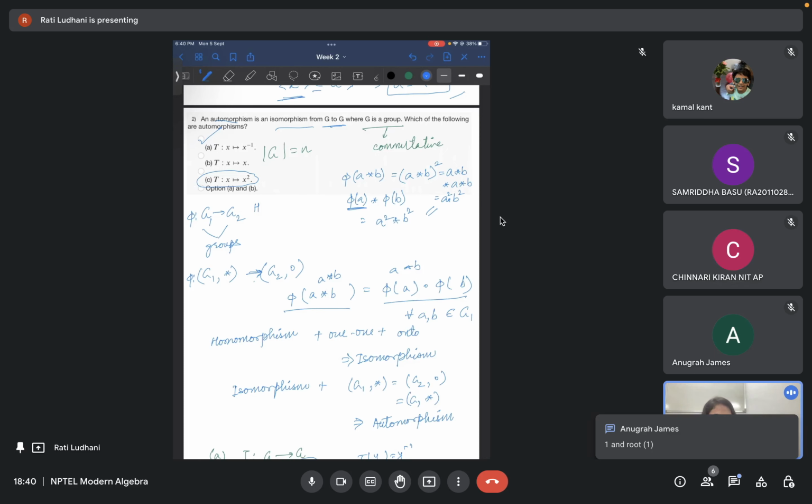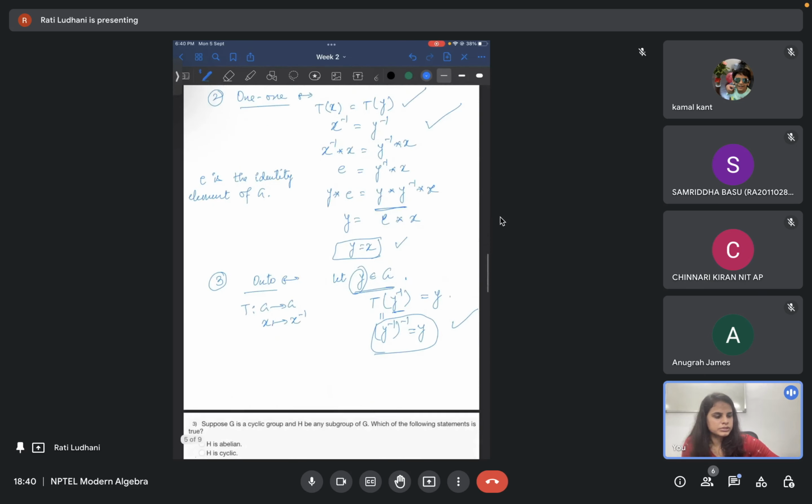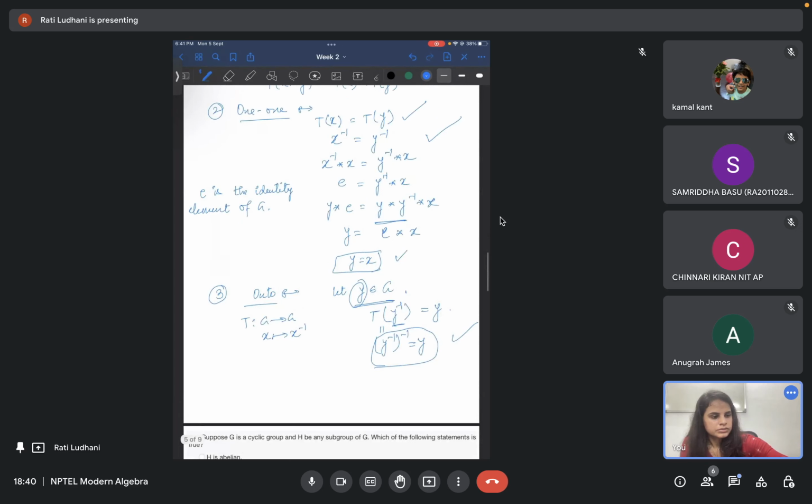Okay, so sorry, I didn't get it. What is root 1? Oh, you mean root minus 1? I think you mean root minus 1, otherwise root 1 is just 1. Is it okay?